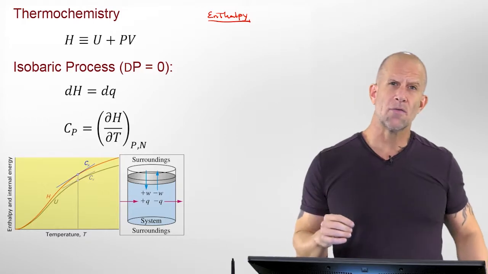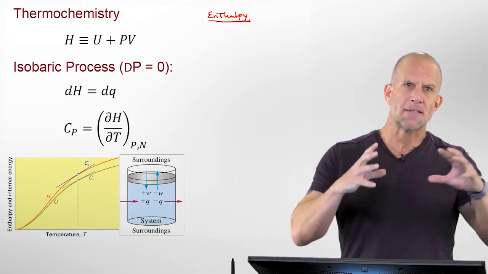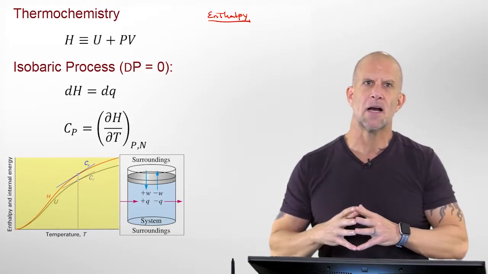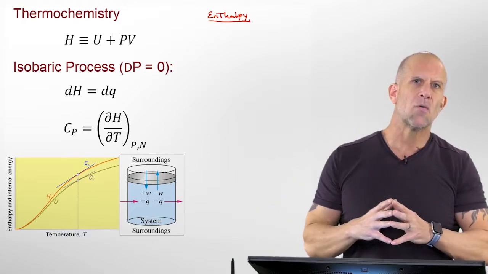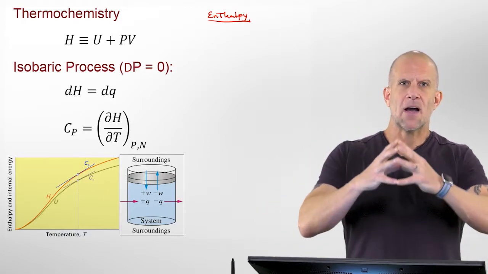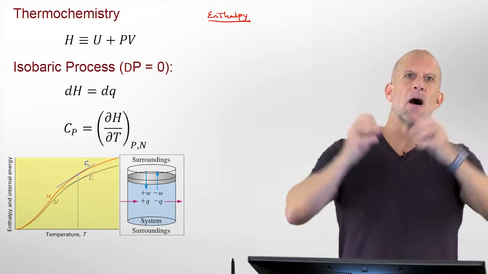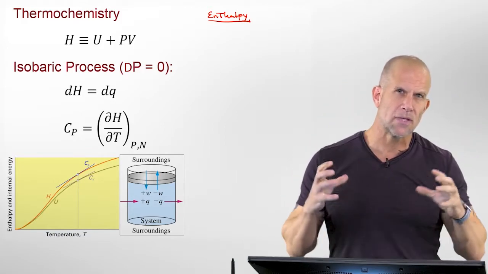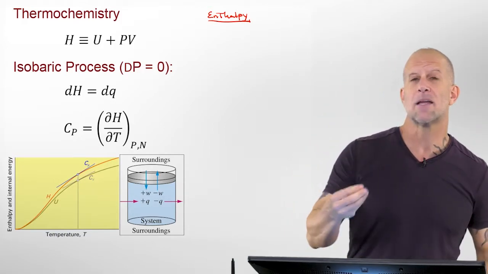So that's one goal. The other goal is, as chemists, biochemists, and physicists, we want to have a bottom-up approach to thermodynamics, or really try to understand it at a molecular level.